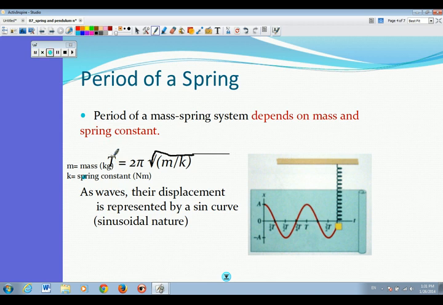So the time for one complete motion is 2 times pi times the square root of m over k. And here's a sine curve. I don't know if you get into them in Algebra 2 or not, but I know you do in pre-cal, you get into the mathematics of this type of sine curve. Your mass will be in kilograms, your spring constant will be in newtons per meter.